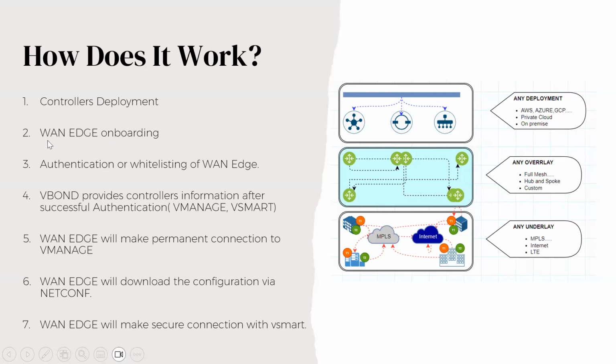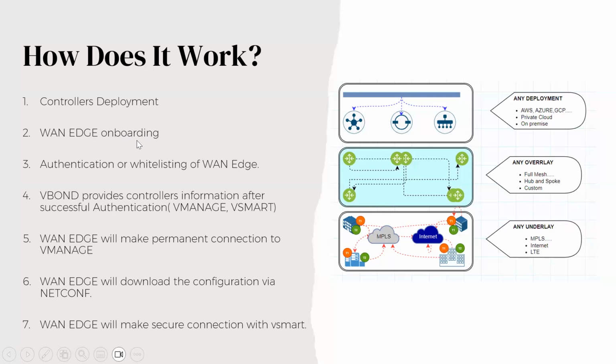Once we introduce this WAN edge router, it has its own chassis number and serial number. So we have to create a smart account on the Cisco website. From there, your vManage device can download the serial file of all these WAN edges. I will show you this practically as well. First of all, just understand the theory, so you will get a little highlight of how it works.